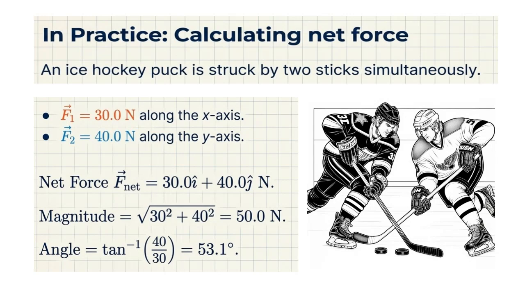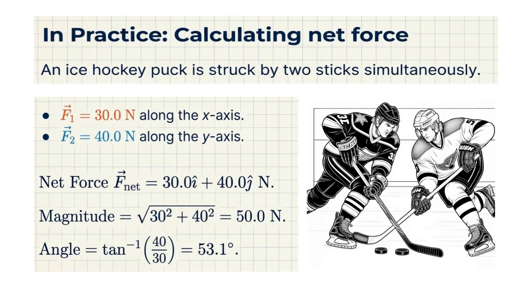Here, we see an ice hockey puck being struck by 2 sticks at the same time, with forces acting along 2 different directions, the x-axis and the y-axis. The force along the x-axis is 30 newtons, and along the y-axis, it's 40 newtons. To find the net force on the puck, we combine these 2 forces as vector components.